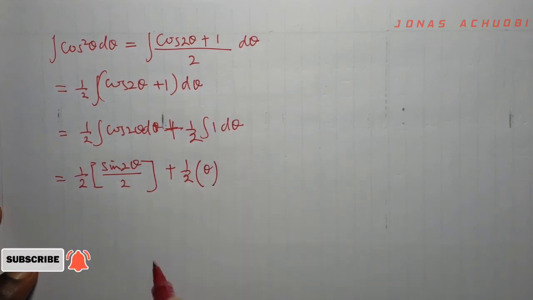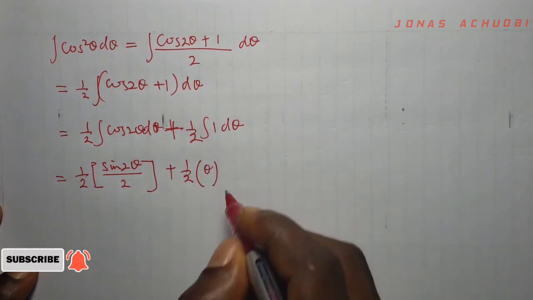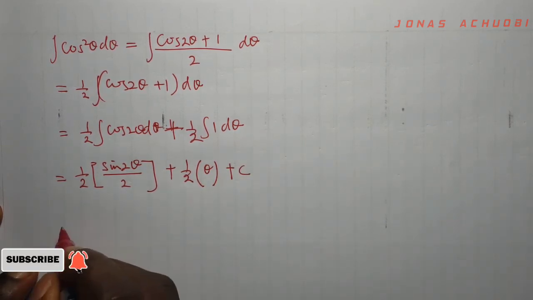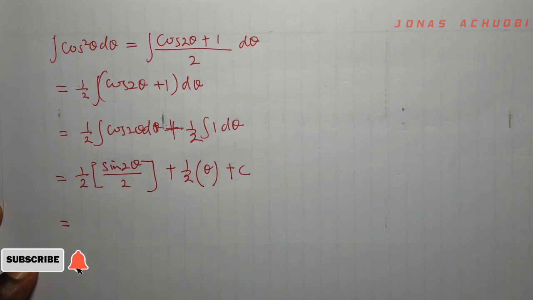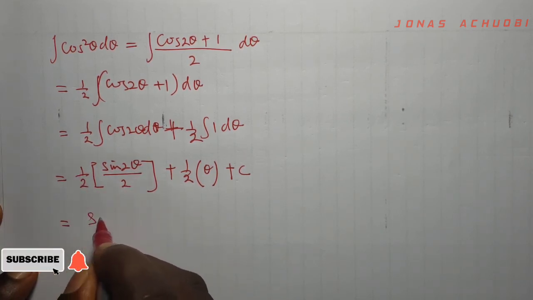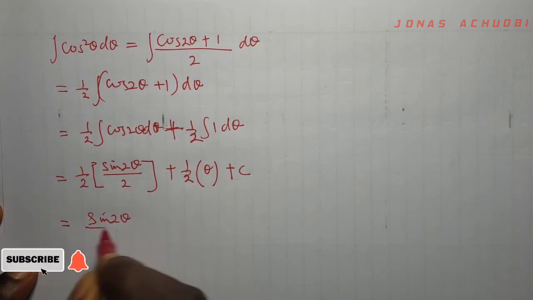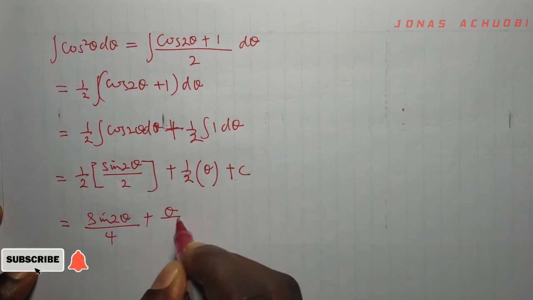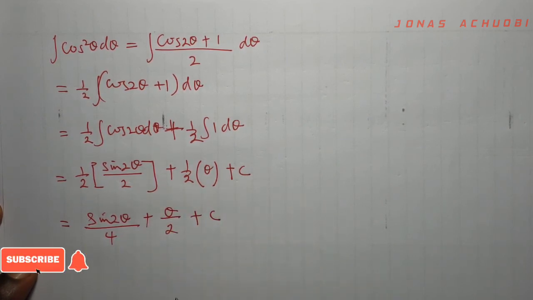We get theta. Since we are through with our integration, we just add the constant of integration, C. So if we tidy it up one more time, 1 over 2 times sin 2 theta over 2 is sin 2 theta over 4, plus half times theta is theta over 2, plus C.